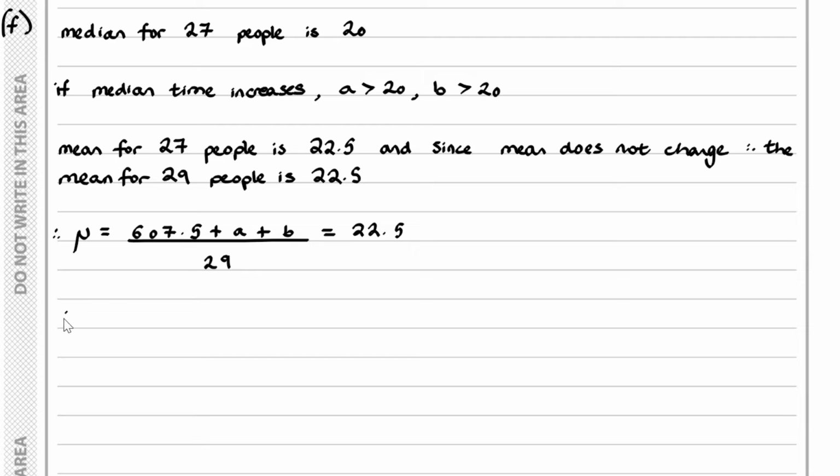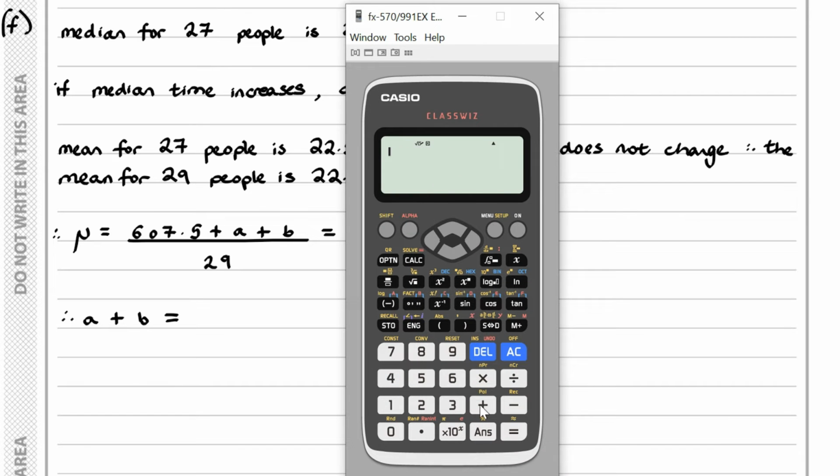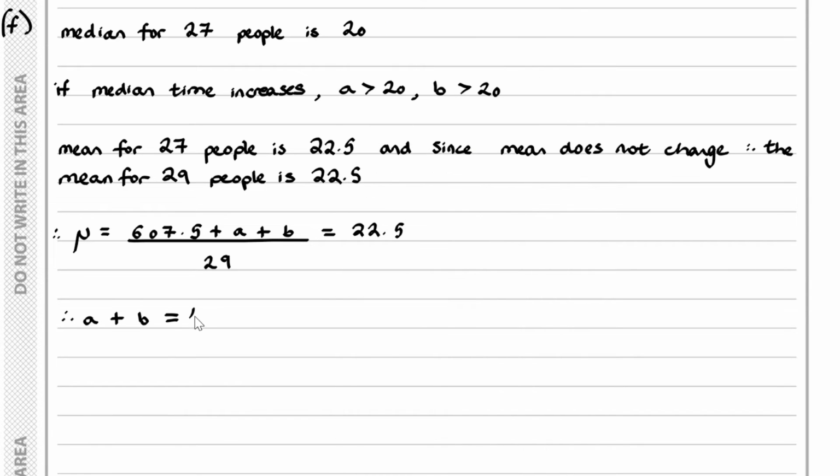So with this we can find out the values of A plus B. If we work this out, we have over here 29 times 22.5, and then we subtract off the 607.5, and it turns out we get 45. So A plus B must equal 45.